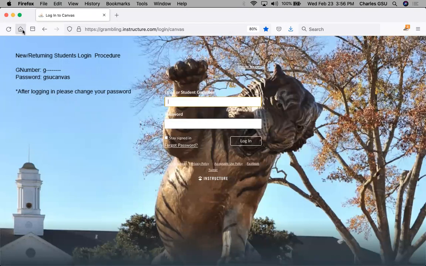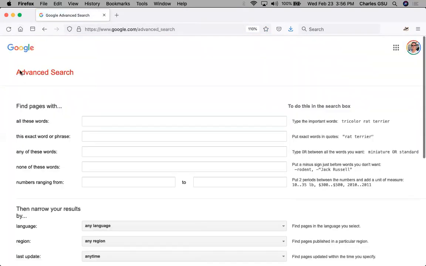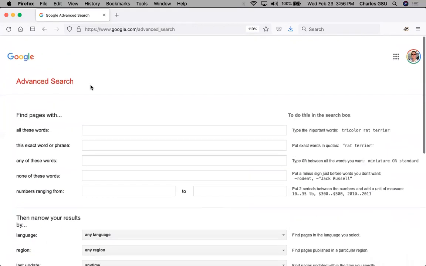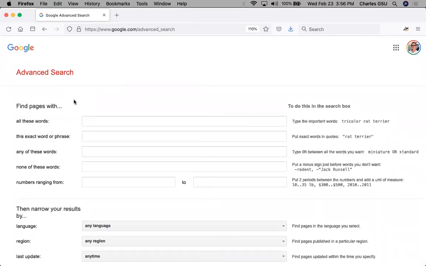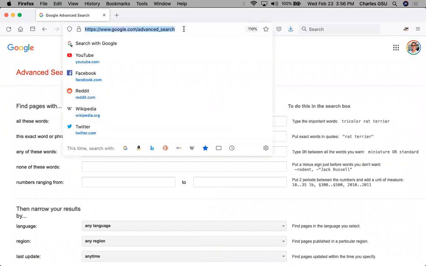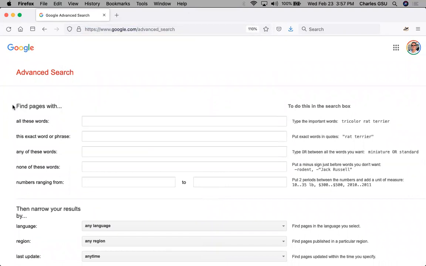But if I click on the home button, you'll see that my home page is actually the advanced search page of Google. If you want to do the same thing, it's a very useful tool because I'm always looking for very specific information. You just click this link and you copy it and paste it into your browser home setting.